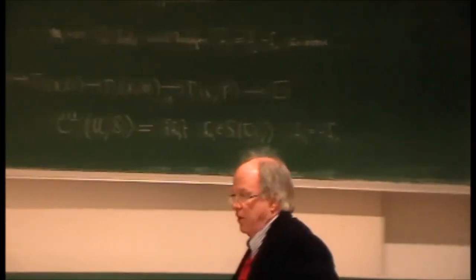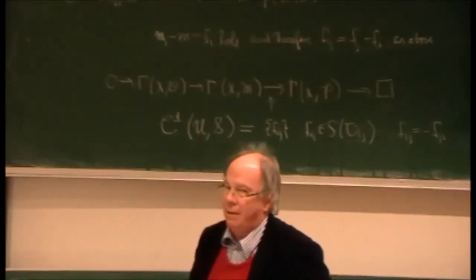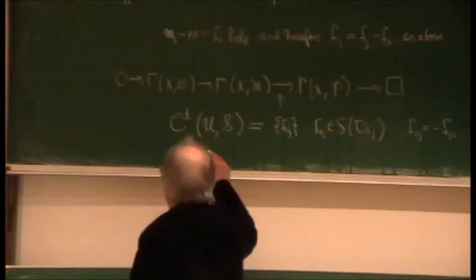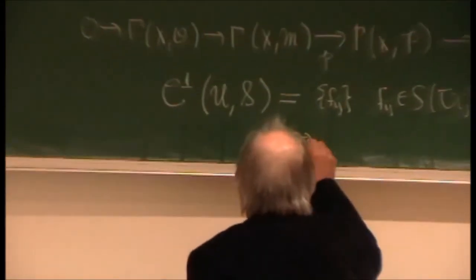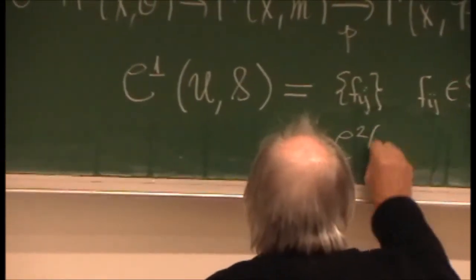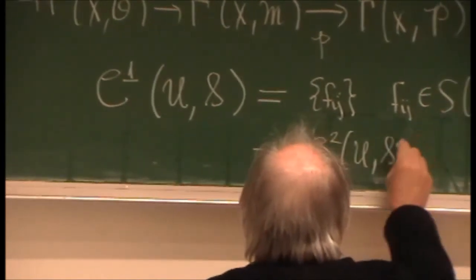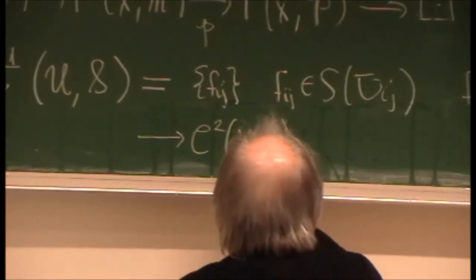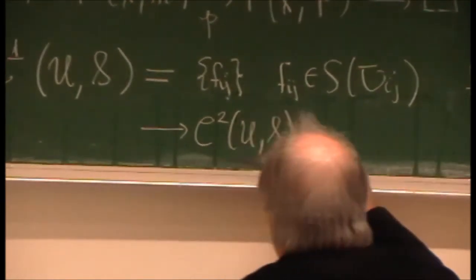And now we have a boundary mapping, which comes to us by Stokes, as always. So we have the boundary mapping into the two cochains, which is instead of Fij here will be Fijk. So the two cochains will be defined on threefold intersections.